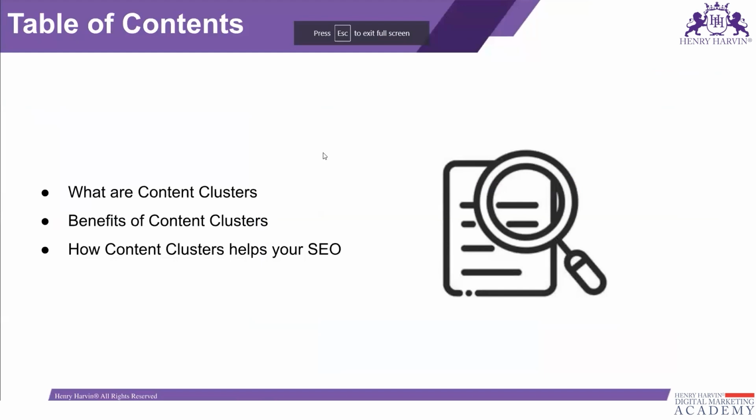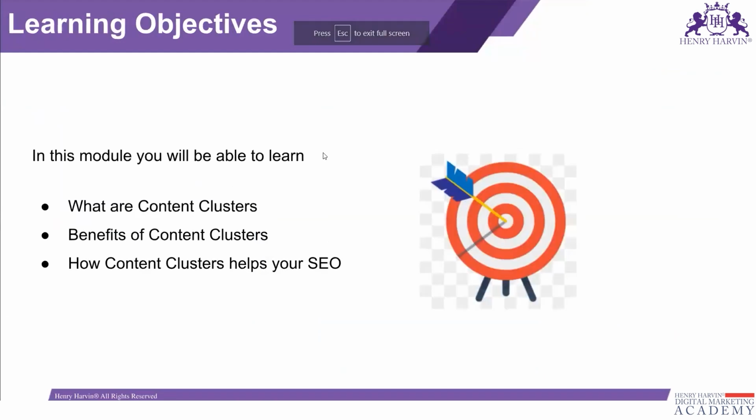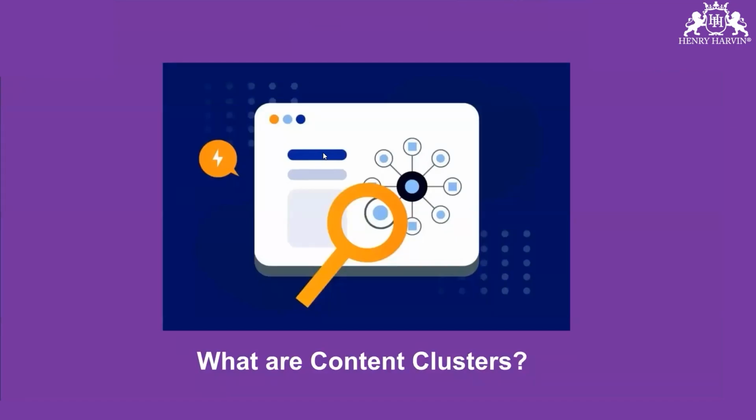Content cluster is an interesting topic, and it is related to internal linking as well. Do you have any idea about internal linking? Internal linking simply means a link that directs you to another page within your website.